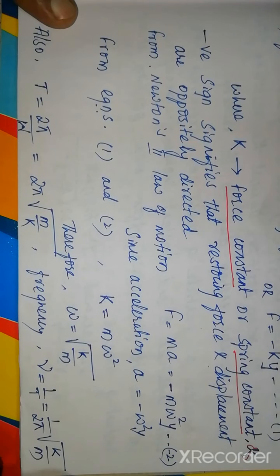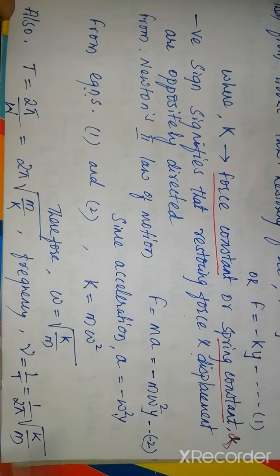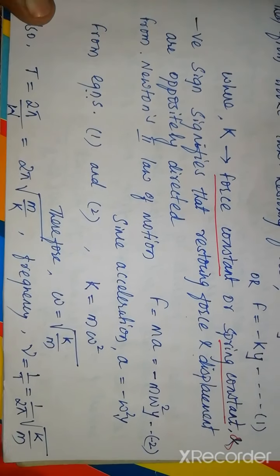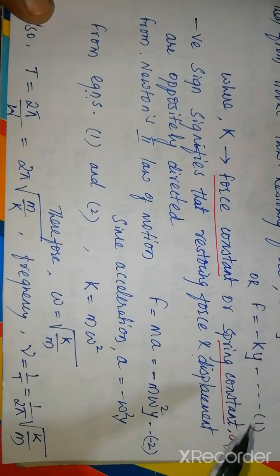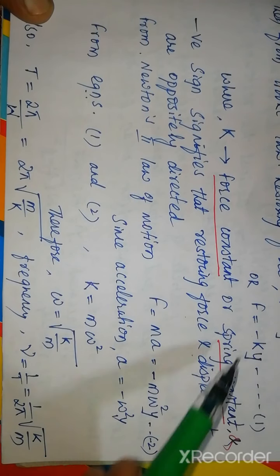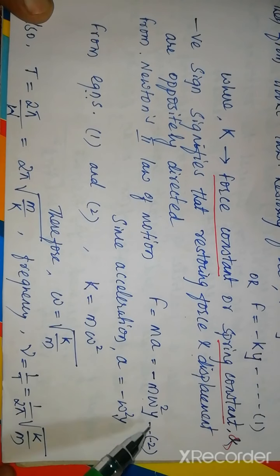So from these two equations, equation 1 and equation 2, we can write k equals m omega square. Here F equals minus ky, and here F equals minus m omega square y.